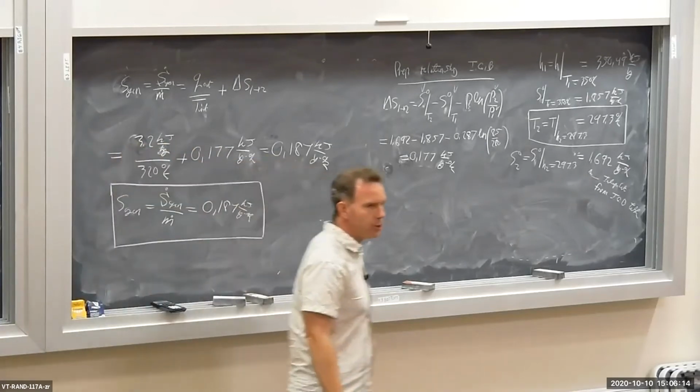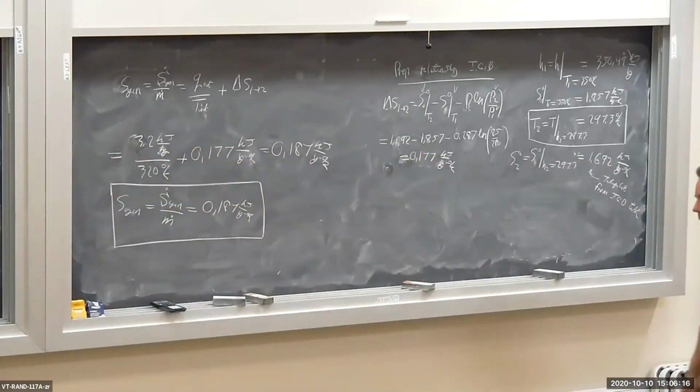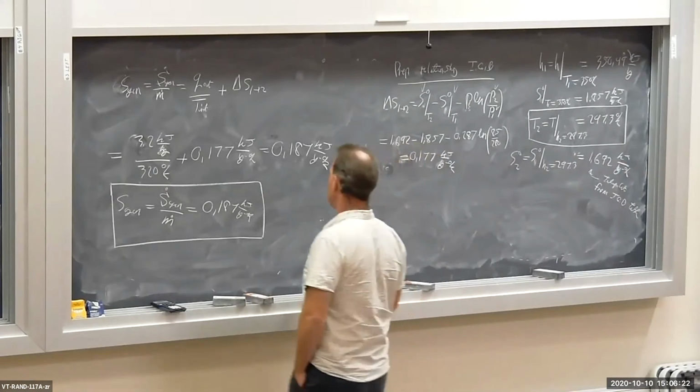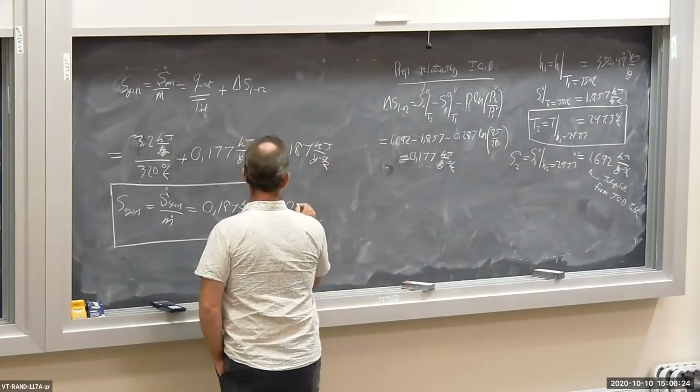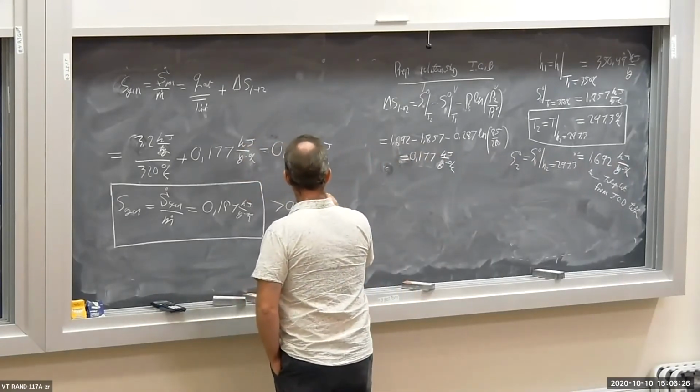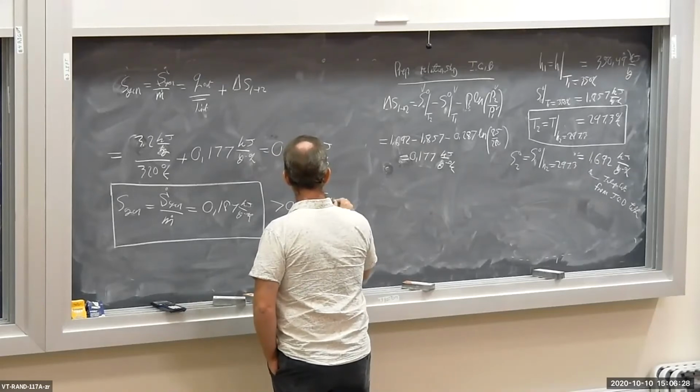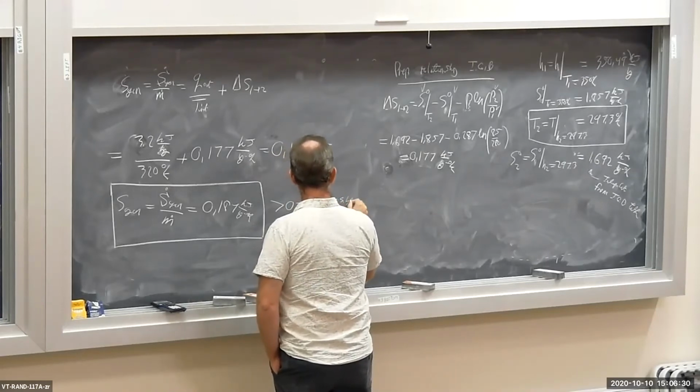Question, is this nozzle reversible or irreversible? It is irreversible. s dot gen is greater than 0, so this is an irreversible nozzle.